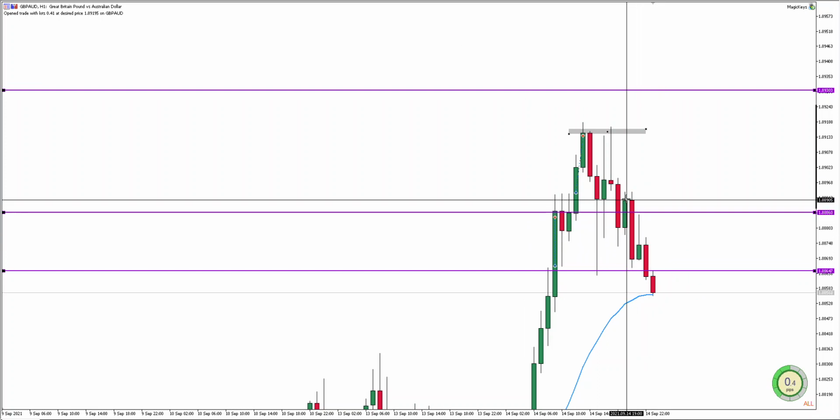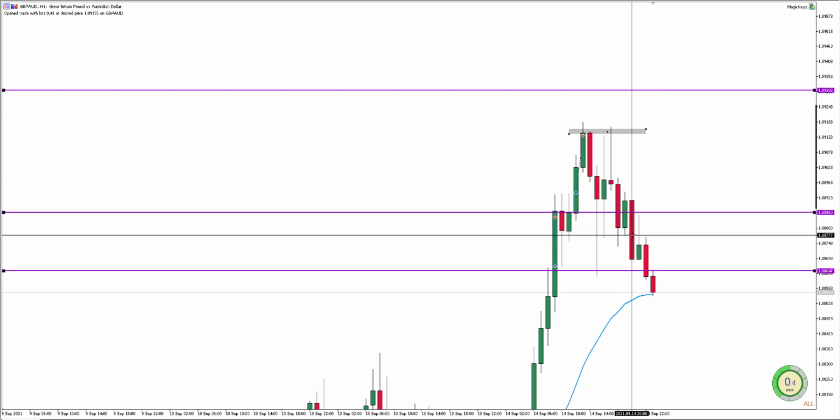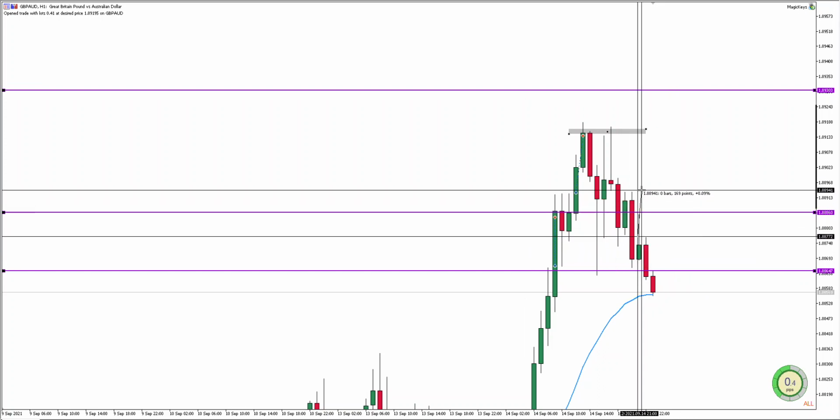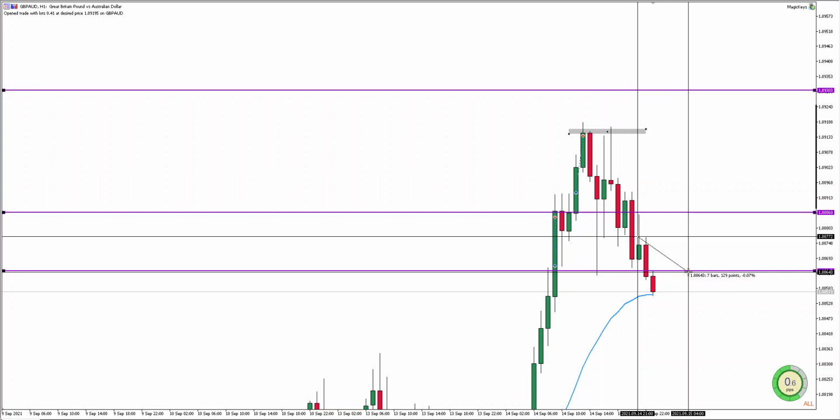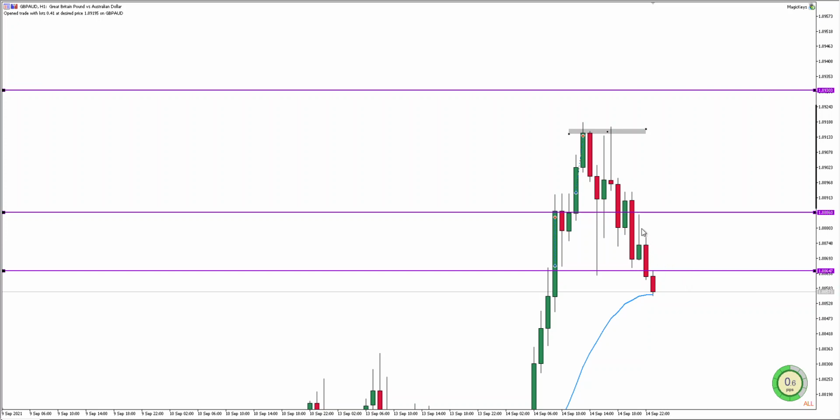If we broke this support like there, we would have a 17 pip stop for a target of 13-14 pips. Not too bad. It would have worked, but not easy. Okay, so GBP Aussie, two profits.